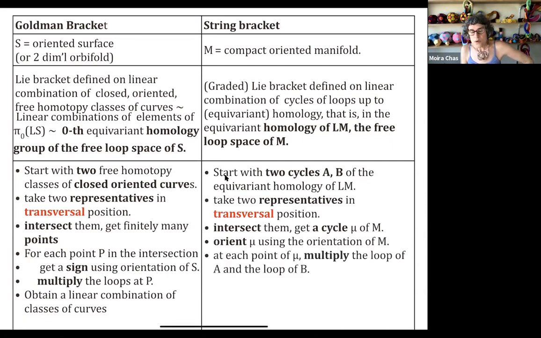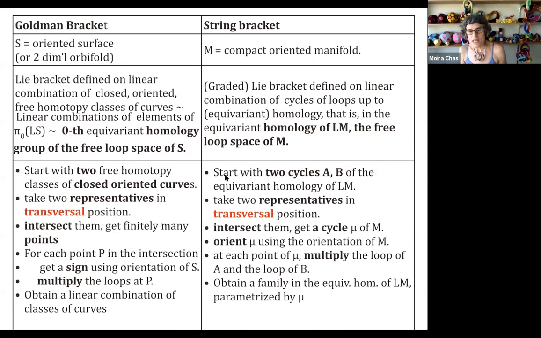Then at each point, this cycle has a loop of one family and a loop of another family, so I can multiply, and I obtain a family, and that's the bracket. And again, the keyword here is transversal. Transversality is what is underneath all these ideas.